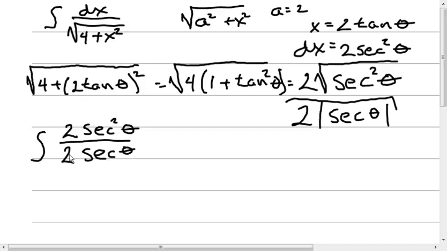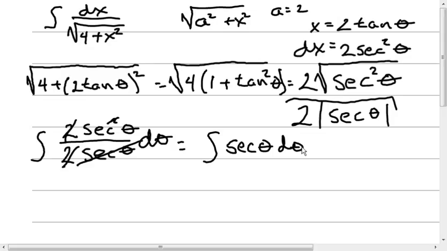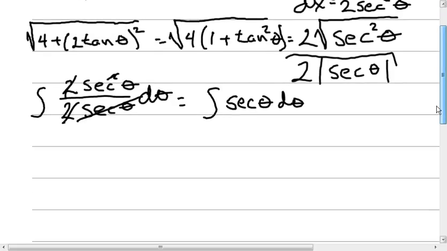You see how well this is going to work. This cancels with this, and this cancels with this. And now I suppose we need a d theta there, don't we? We get that this is equal to the integral of only secant theta d theta.